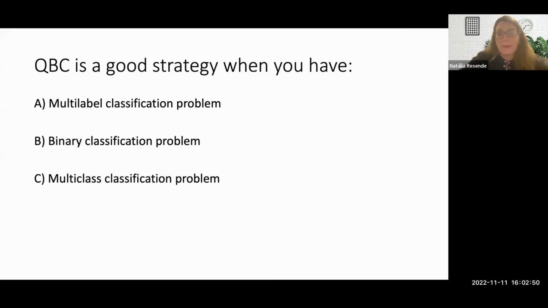For multi-label, it's very good because we don't have different probabilities or options for one label.